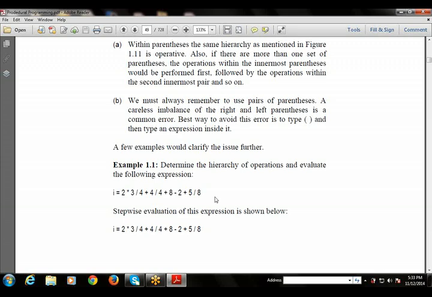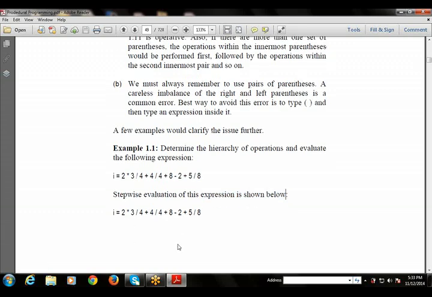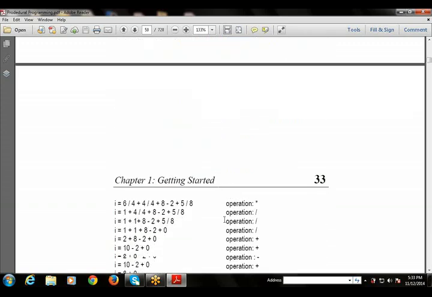The expression is I equals 2 into 3 divided by 4 plus 4 divided by 4 plus 8 minus 2 plus 5 divided by 8. The stepwise evaluation of this expression is shown below.